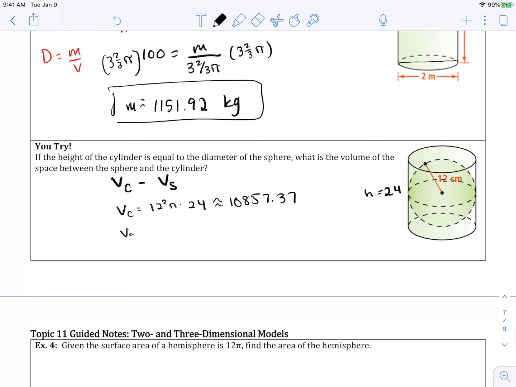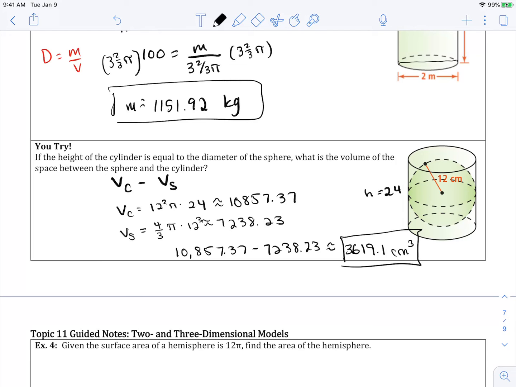And then we have the volume of the sphere, and we know that equation is 4/3 pi times 12 cubed, which is about 7,238.23. Now, we want to take away the sphere from the cylinder, so you should have done 10,857.37 minus 7,238.23, and when you calculate that, you get 3,619.1 centimeters cubed.